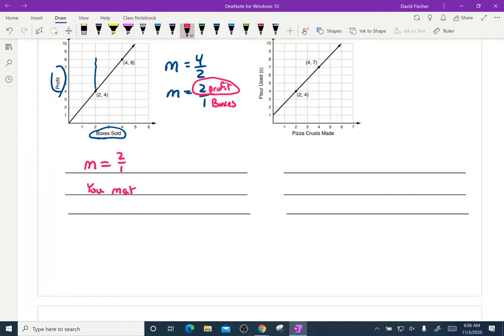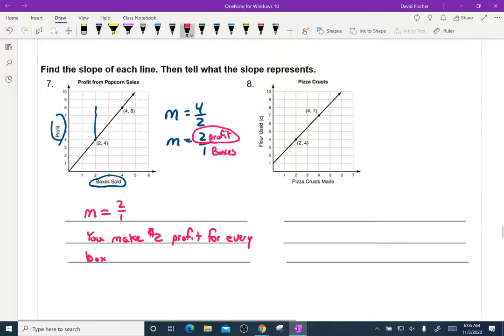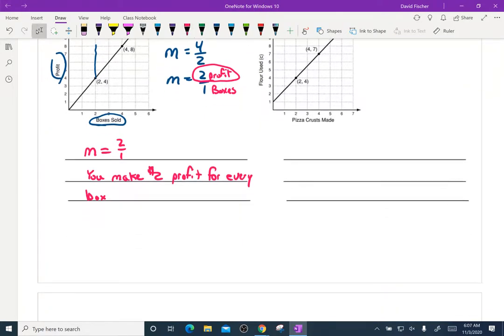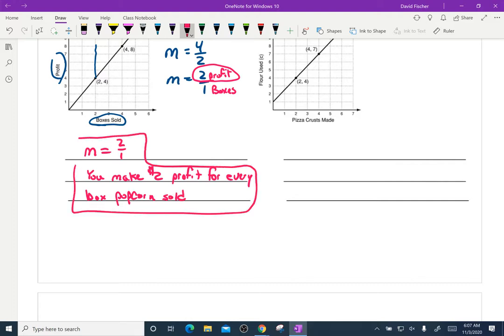We're going to assume it's dollars. $2 profit for every box sold. And what is this, cereal? Oh, popcorn. That's what the slope means.